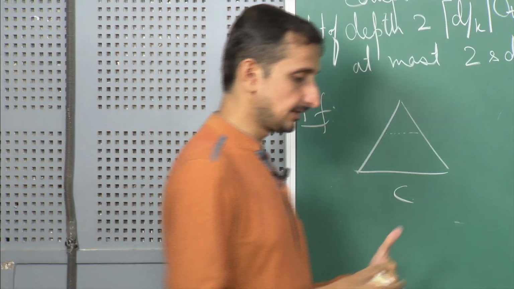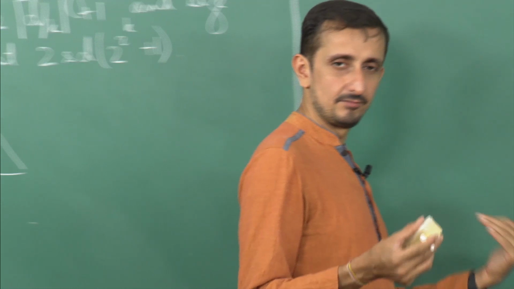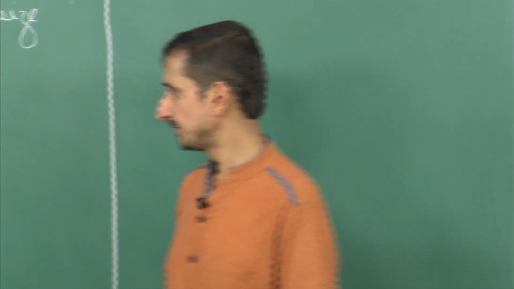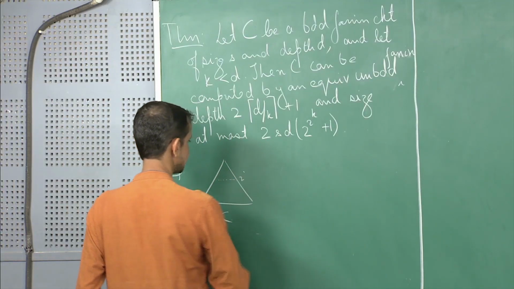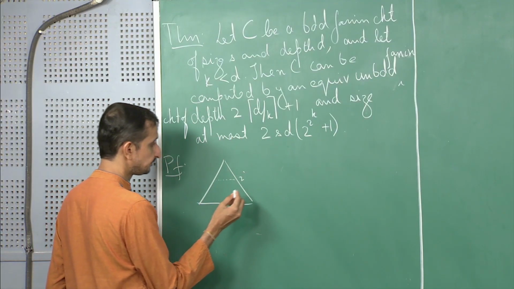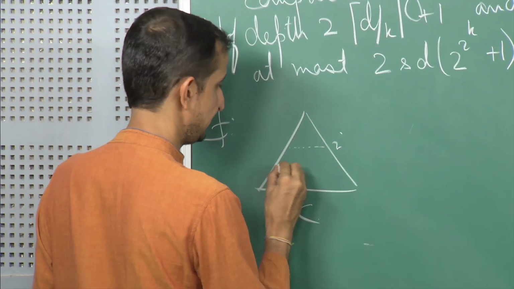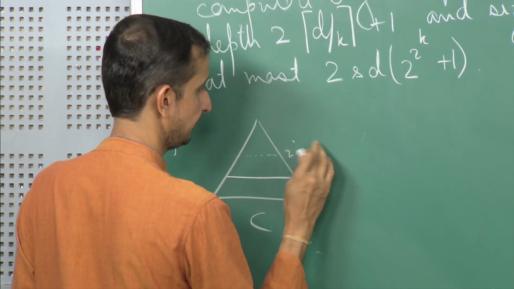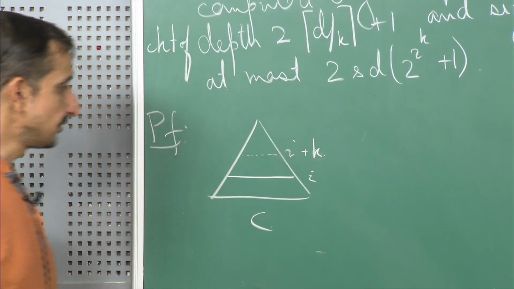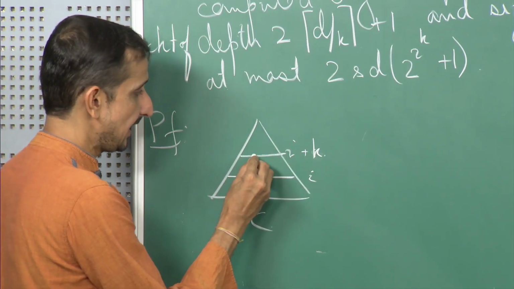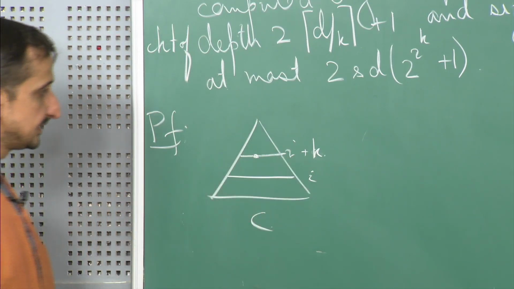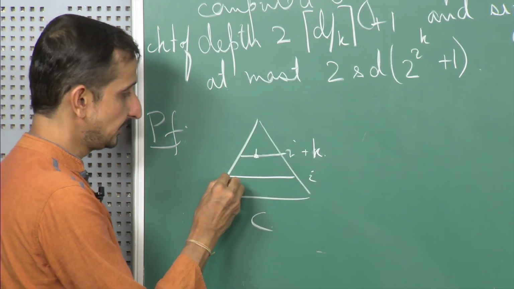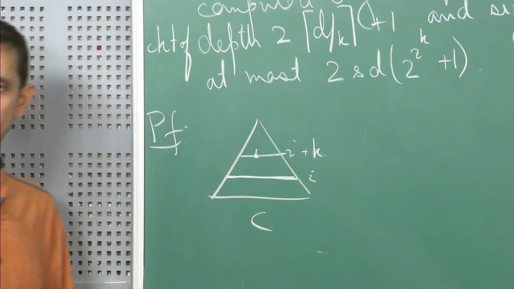So I can partition the gates into layers or levels, and every edge goes from a level i to i plus 1. Now if I look at any level i in this layered circuit, and look at level i plus k, then I can somehow represent the output of a gate in level i plus k in terms of the gates in level i, up to a depth k.